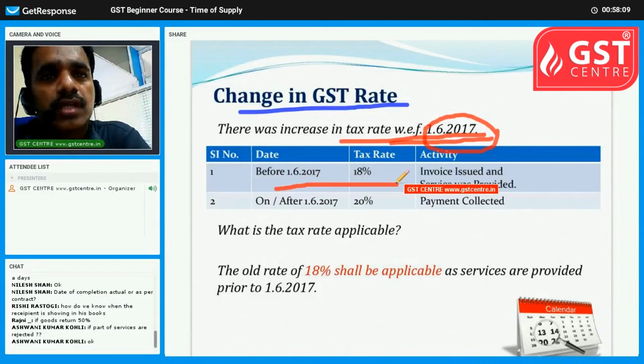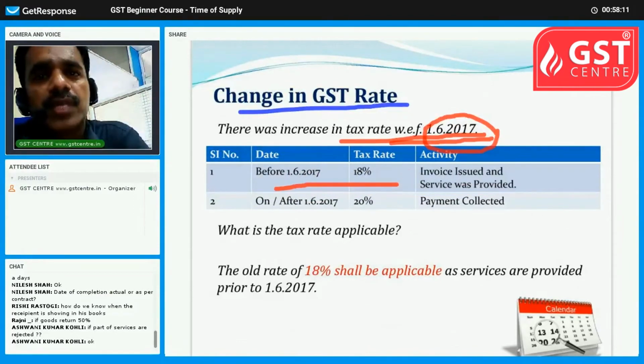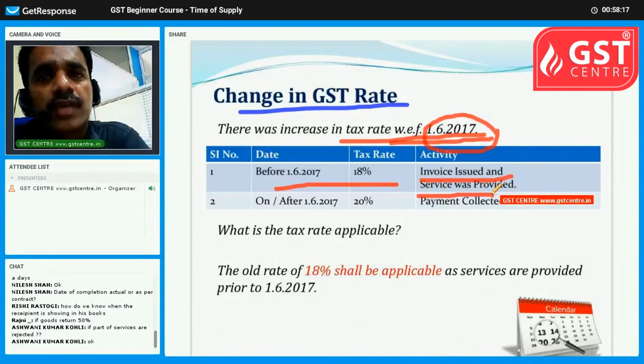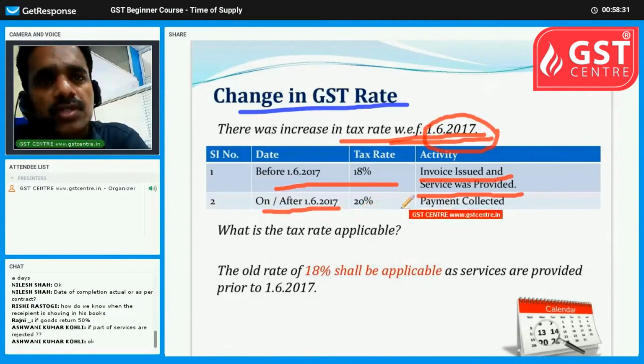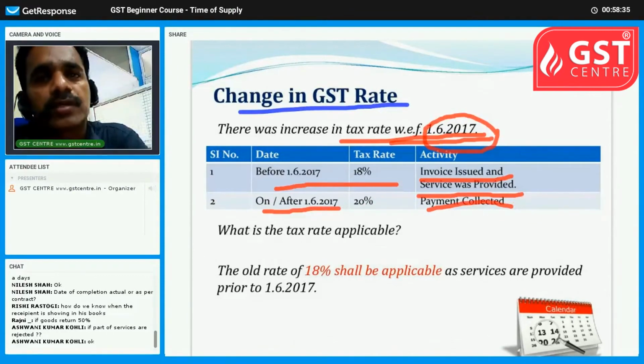Before 1/6/2017, the tax rate was 18%. Okay, and the invoice was issued and service was provided. The supplier had issued the invoice to the customer, and the supplier had also provided the service to the customer. Okay, but only after 1/6/2017, payment was collected by the supplier.